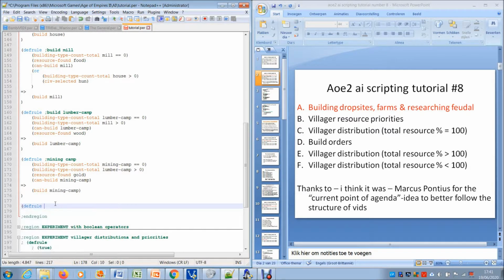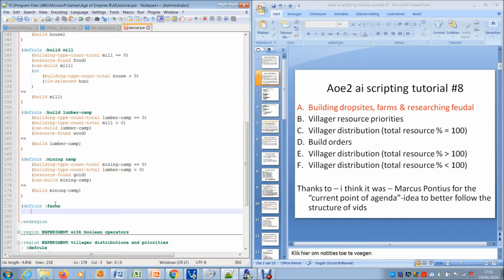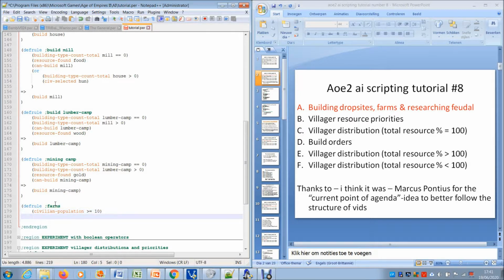Next thing we want to do, we're going to surge ahead, is build farms. When do we want to build farms? Well, when the civilian population is greater than or equal to 10. Building type count farm is smaller than, for instance, 4, say.